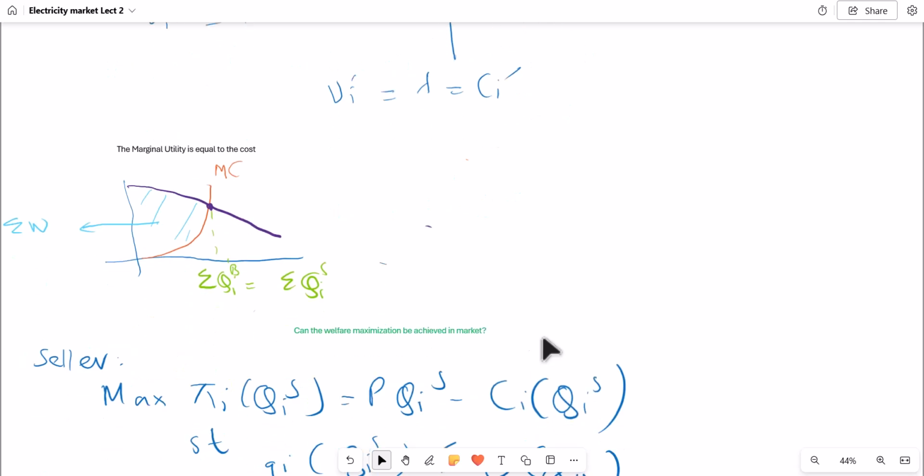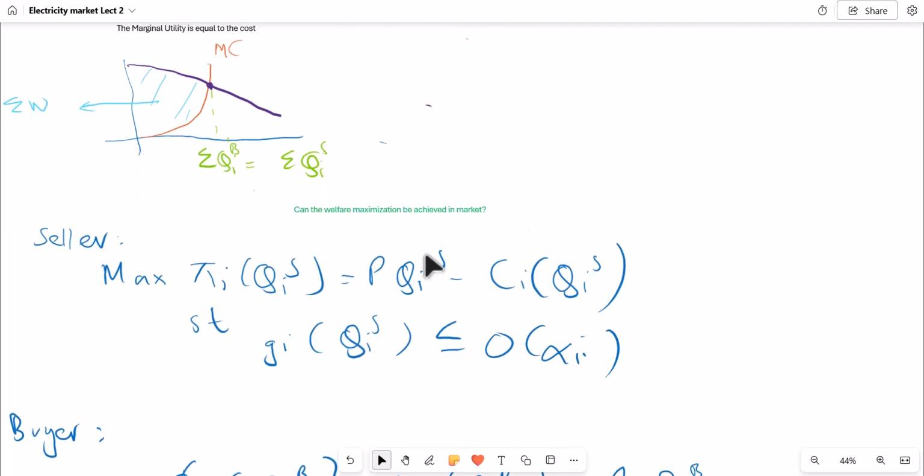So when we look at marginal utility equal to the cost, the orange line is basically the marginal cost and the purple line is the marginal utility, and the point where they intersect is where the buying quantity must be equal to the selling quantity. And this area will give us the economic welfare.